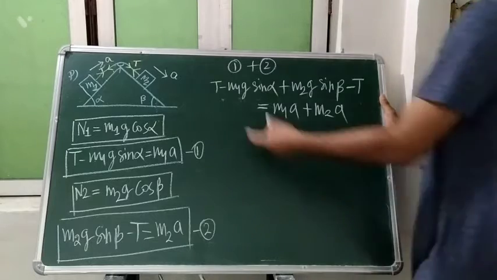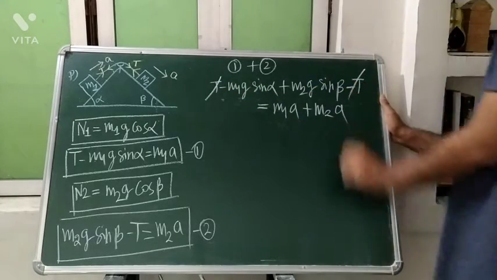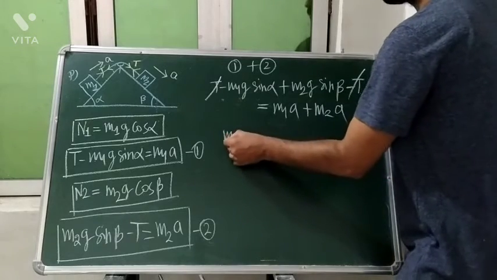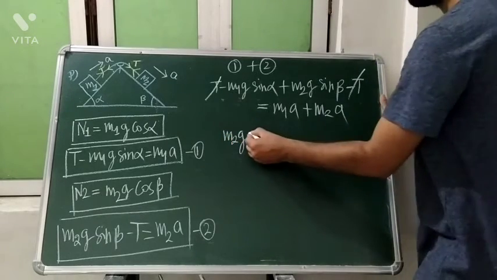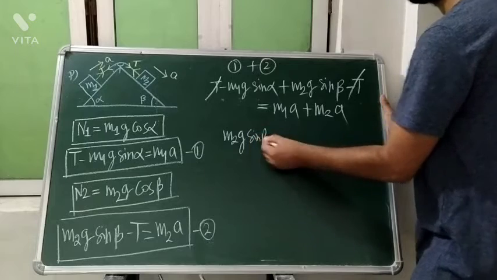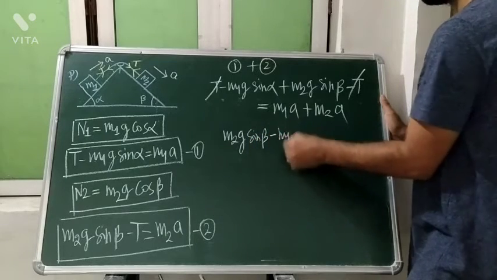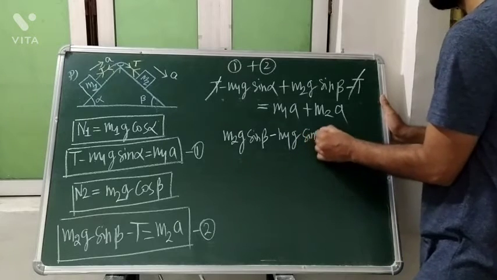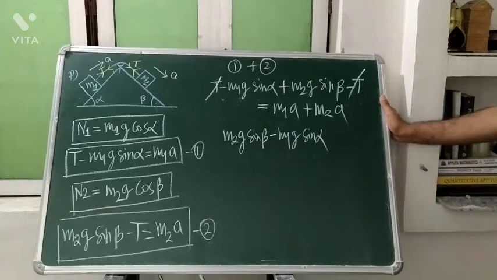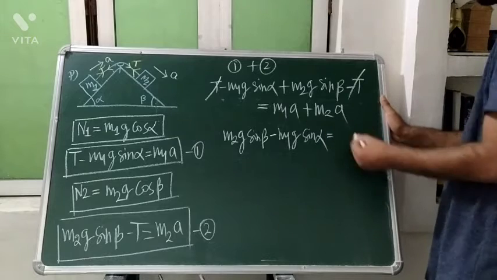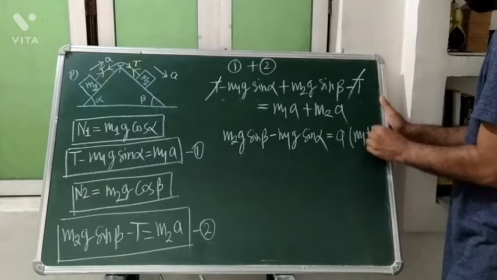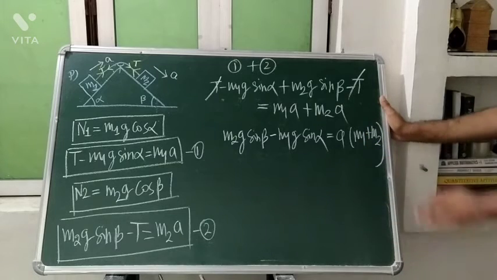The positive T will get cancelled out with the negative T, and here what you will get? M2G sin beta minus M1G sin alpha, and taking A as common, M1 plus M2.